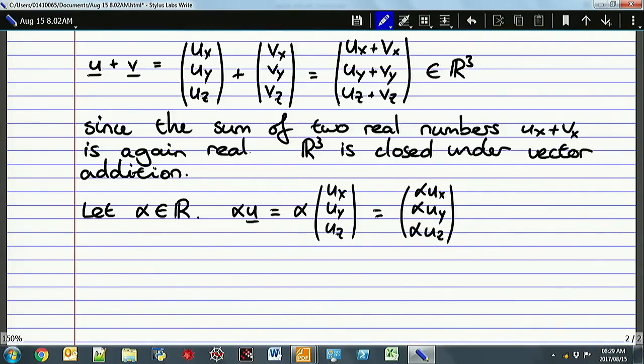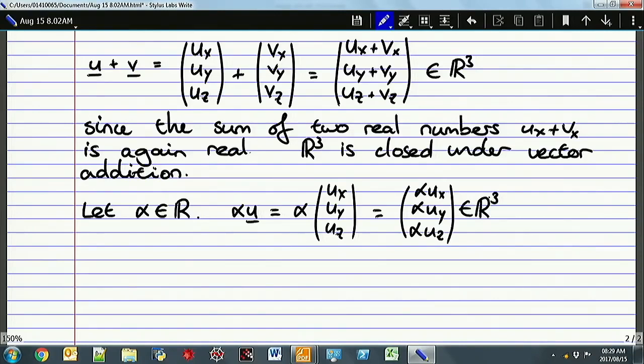And you can take a minute, write something down over there, explaining why this must also be an element of R3. You can take a look at what we've just written down for the vector addition.